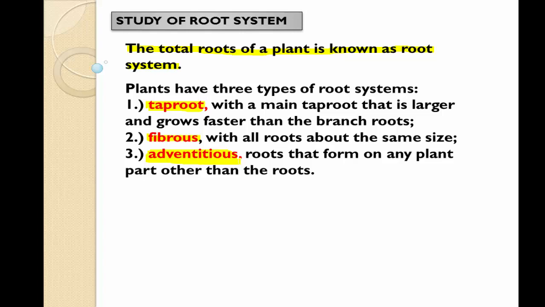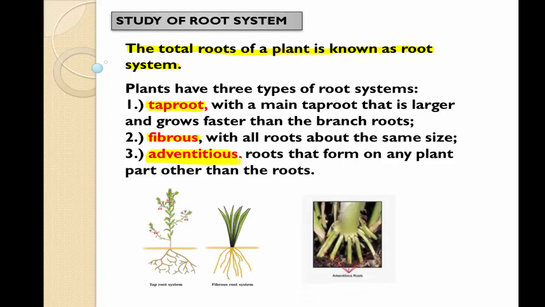What is the difference between these 3 types of root system and why they are named so, I am going to explain later. So let us have a look at the image.